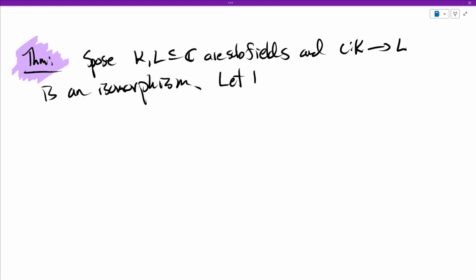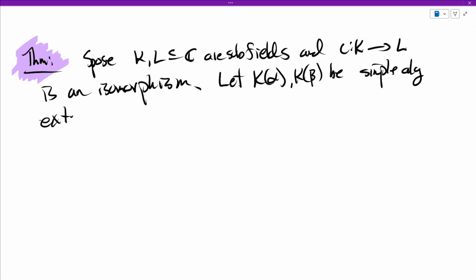Let's let K alpha and K beta be simple algebraic extensions of K. Oh shoot, K alpha and L beta, my bad.